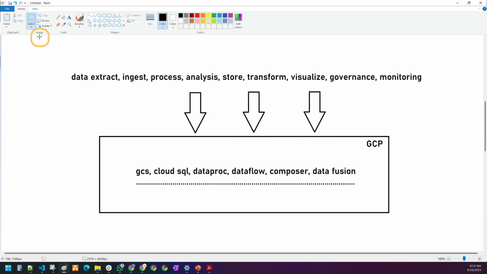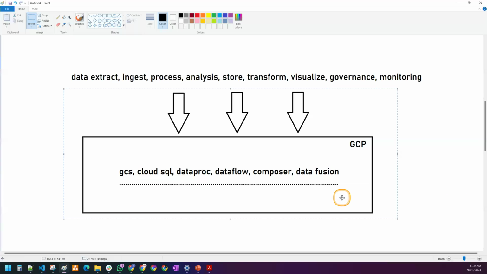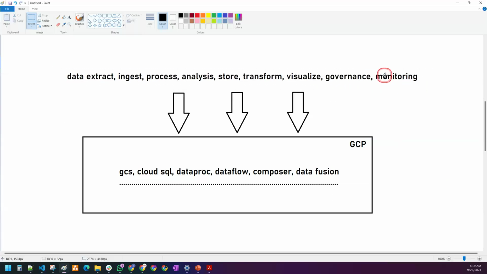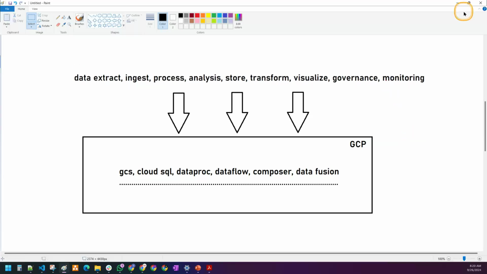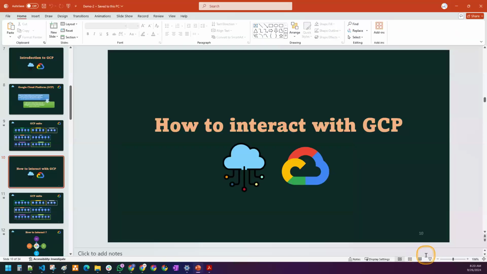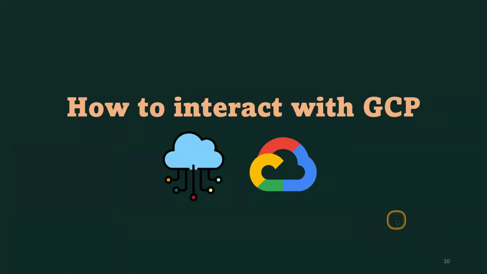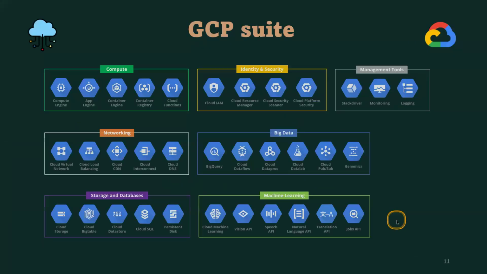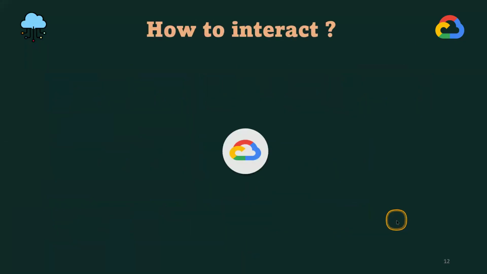To do all of these activities in the Google Cloud Platform, you need to have interface methods. Let me show you here. If you wanted to interact with the GCP services, you have a total of four methods.